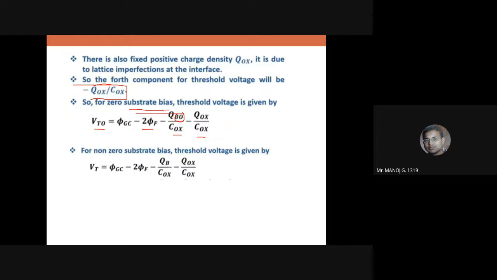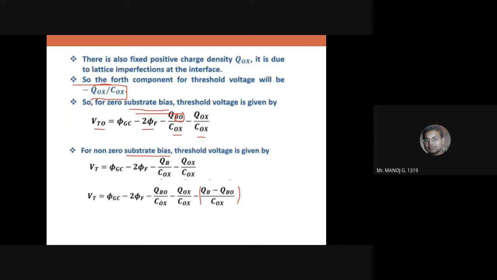In non-zero substrate biasing, when the voltage is increased, the equation changes to this particular value. Now I am taking the common factor COX and I introduce another concept. The expression modifies to this format. This is the effect because of the non-zero substrate biasing.